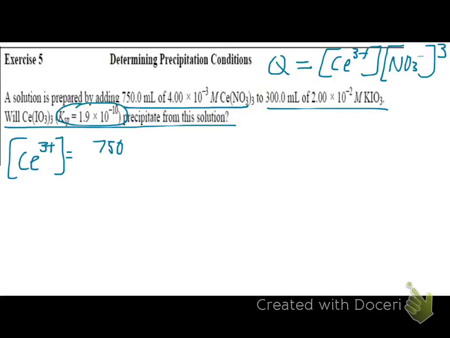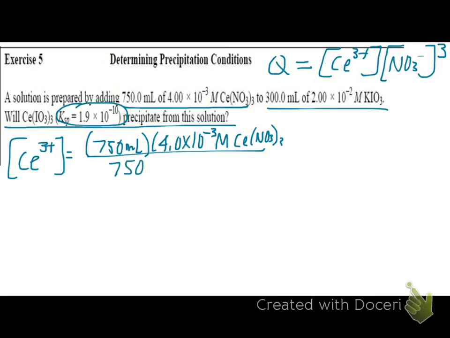So we have 700 milliliters times the molarity, because remember, volume times molarity gives you moles. And we're going to divide by the new volume because we've added solution to that. So our new volume is 750 milliliters plus 300 milliliters.